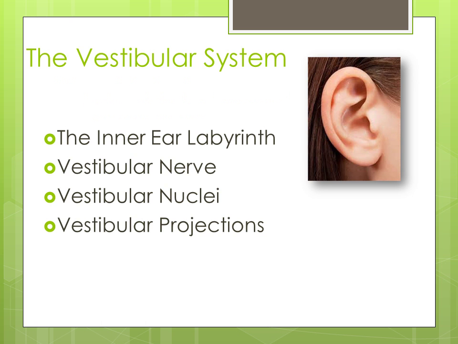And so the vestibular system itself, these are the aspects we talked about last week in the anatomy: the inner ear labyrinth, also the vestibular nerve, the vestibular nuclei in the brainstem, and then the vestibular projections, which of course go to the cerebellum, to the cortex, to the limbic system, and to the vagal nerve as well.